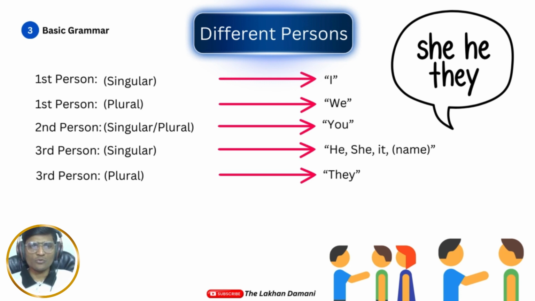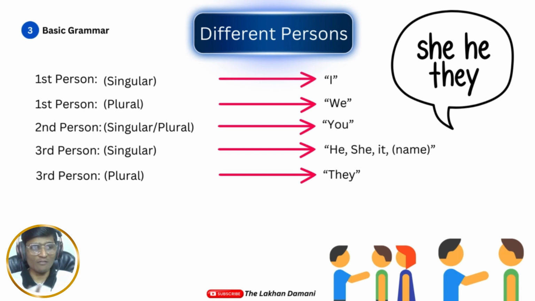When you talk about first person singular, you're talking about I. When you talk about I and someone else, like we, so we are first person plural, right? And second person singular and plural is you. If you talk second person singular, of course, it means you.